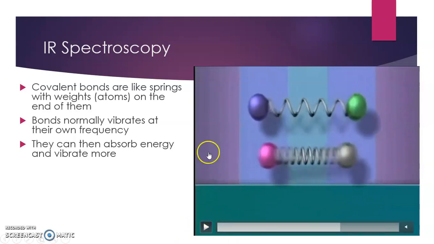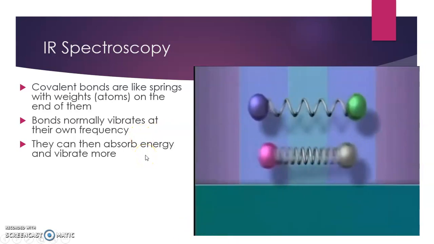Okay. So different bonds will have different vibrations, and they can absorb different amounts of energy and vibrate even more. They can also undergo stretching and bending, depending on what kind of energy they absorb. Right?